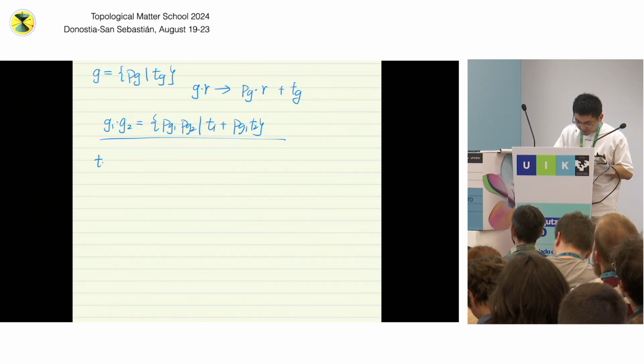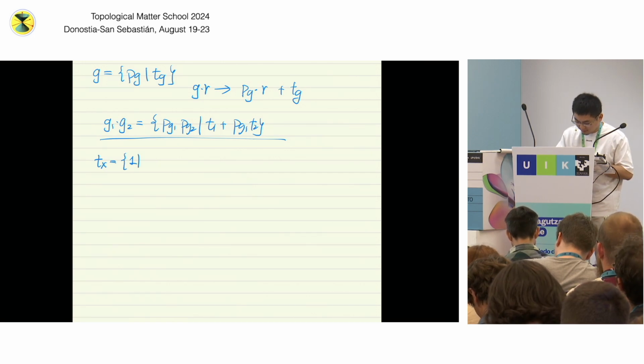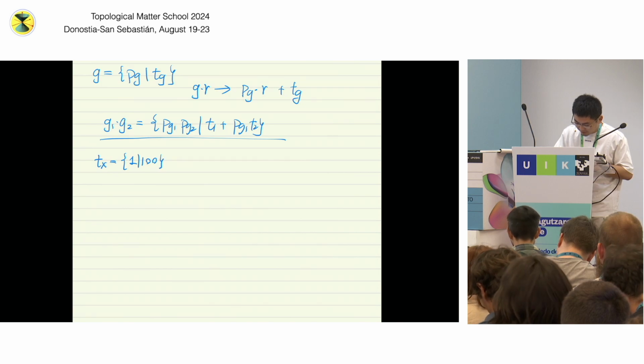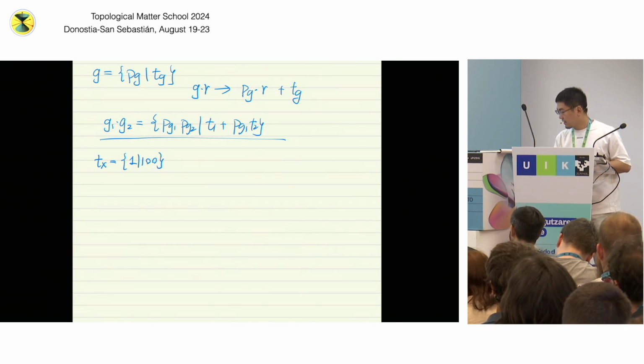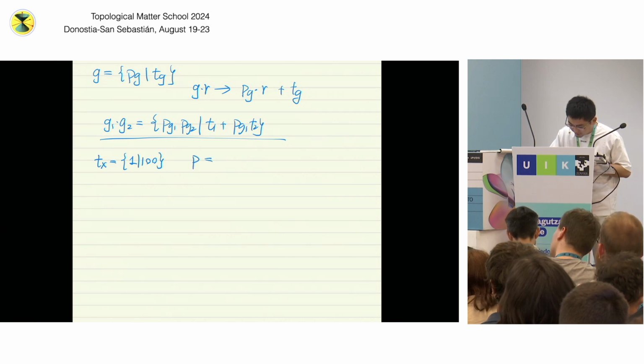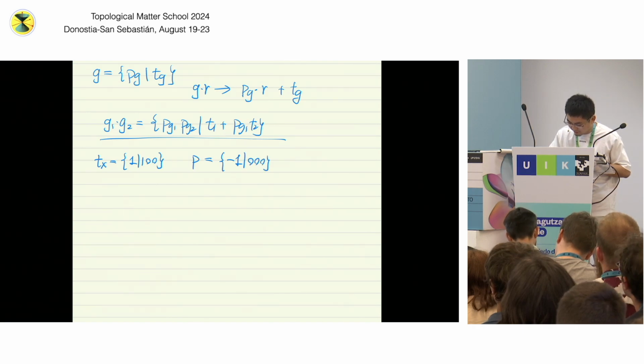We denote the first as the translation Tx. This one is just identity, and it has a translation of unit length in the x direction. The other generator is the inversion symmetry. This -1 is just the inversion, and it has no translation vector.